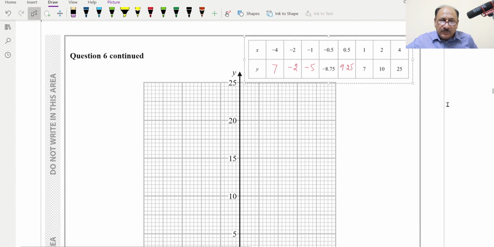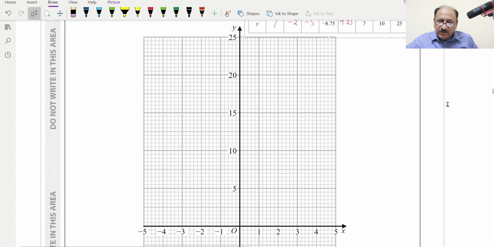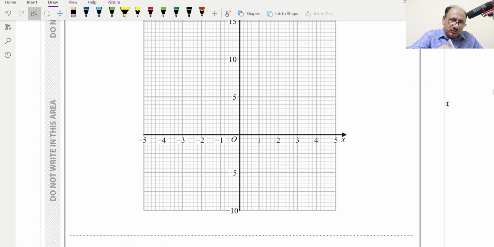It is minus 4 and 7 as our first value. Minus 4 and 7 will be this point.